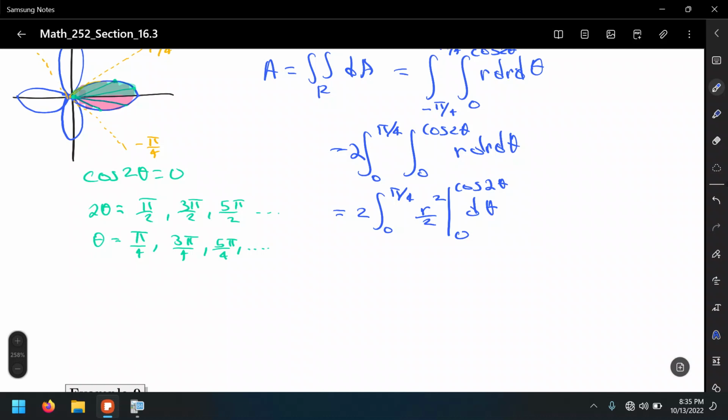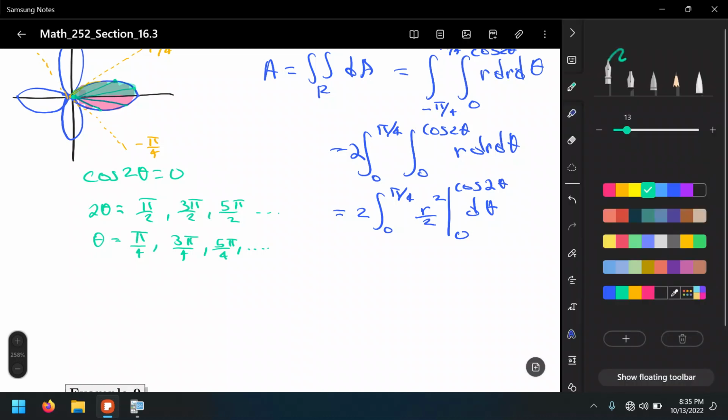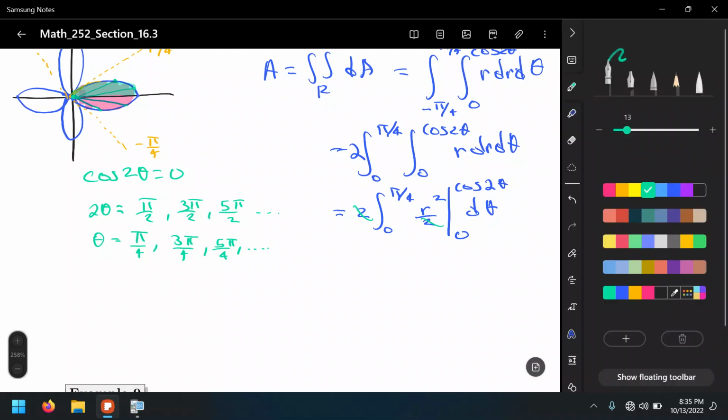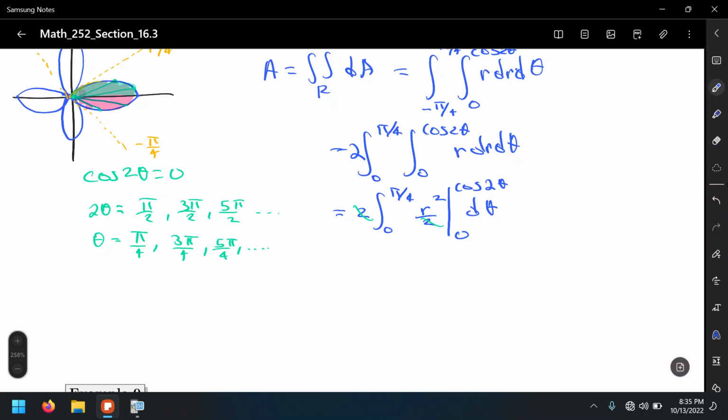Check this out: these two cancel, one is in the numerator, one is in the denominator. The more we can simplify as we go, the better. From here, this will be the integral from 0 to pi over 4 of cosine squared 2 theta minus 0, d theta.